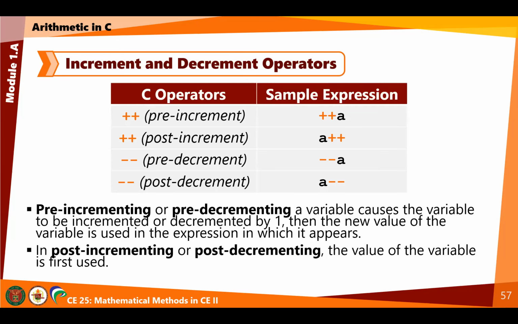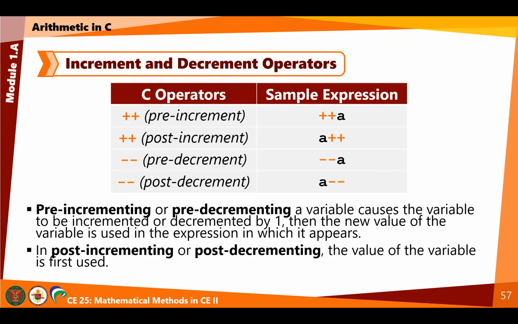Now, pre-incrementing and pre-decrementing, and post-incrementing or decrementing. So in this case, preincrementing a variable causes the variable to be incremented by 1, then the new value of the variable is used in the expression in which it appears.